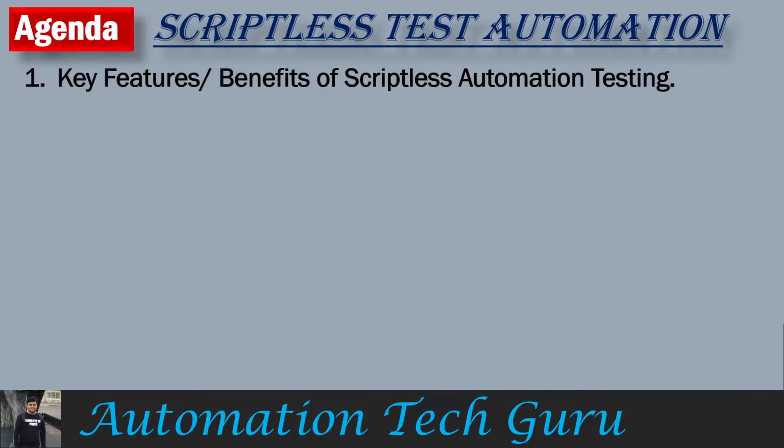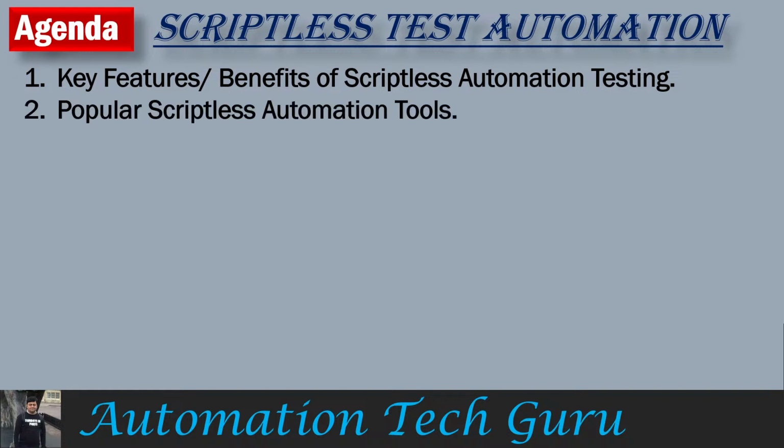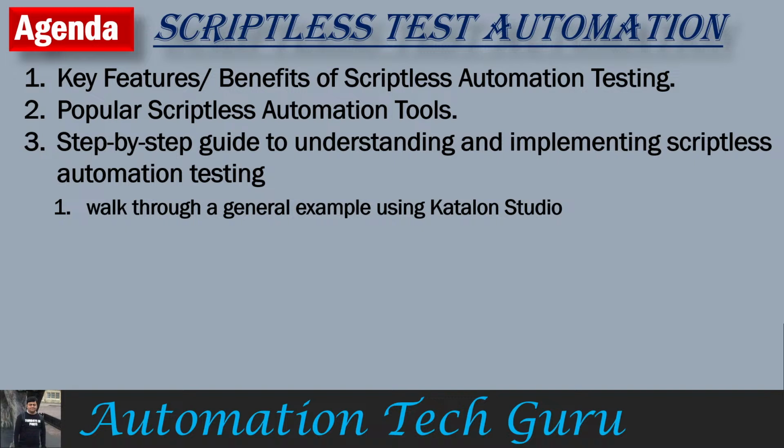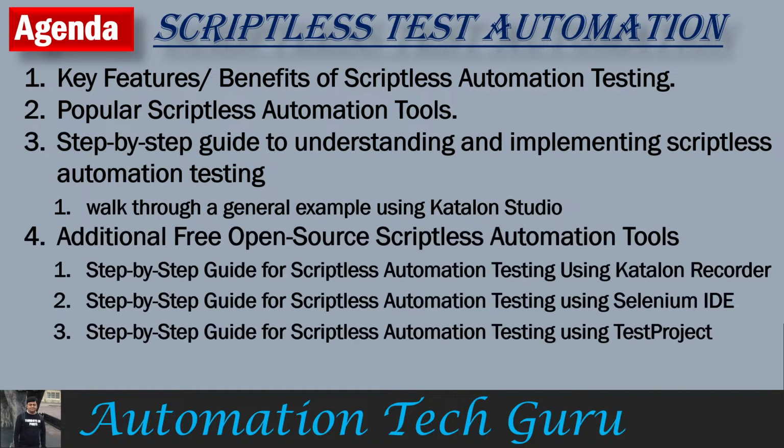in this video we will see the key features and benefits of scriptless test automation, popular or common scriptless automation tools, and a step-by-step guide to understanding and implementing scriptless automation testing. We will see a walkthrough, a general example using Katalon Studio.